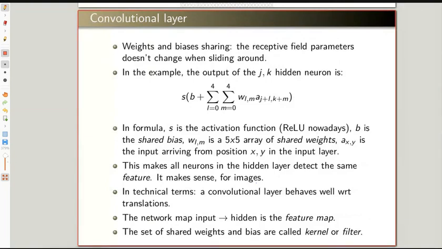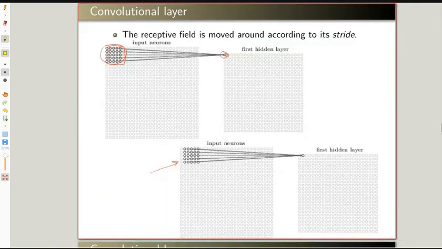So this is in a non-pictorial way what I was trying to say. The important thing is that these values, the receptive field parameters, don't change when sliding around. Okay, this means really a lot less parameters. I'm not sure you are getting the point.